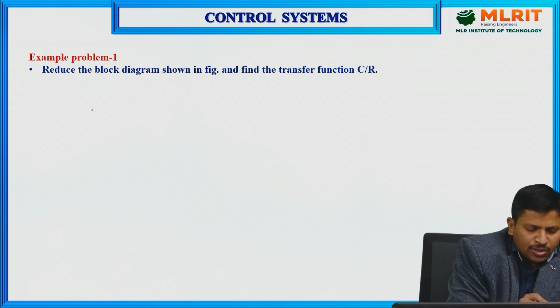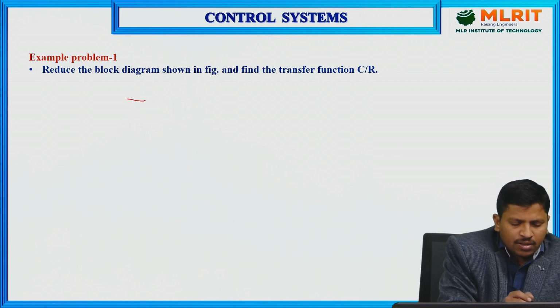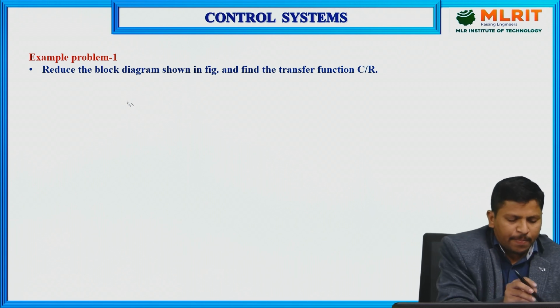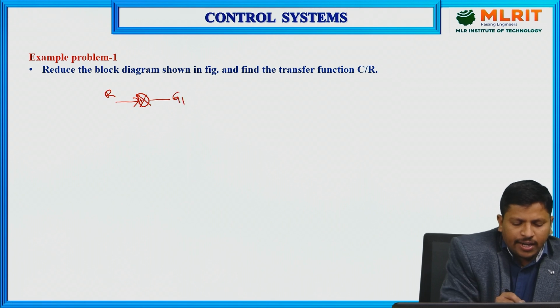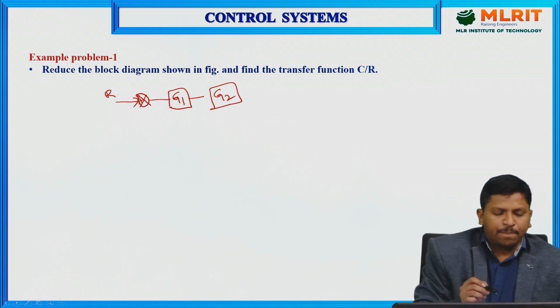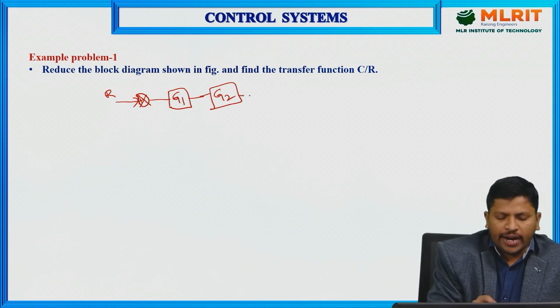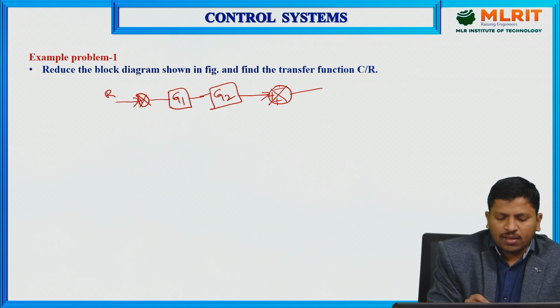Now I'm going to consider the input signal R, which is given to the summing point, and then gains G1 and G2, and a second summing point here.